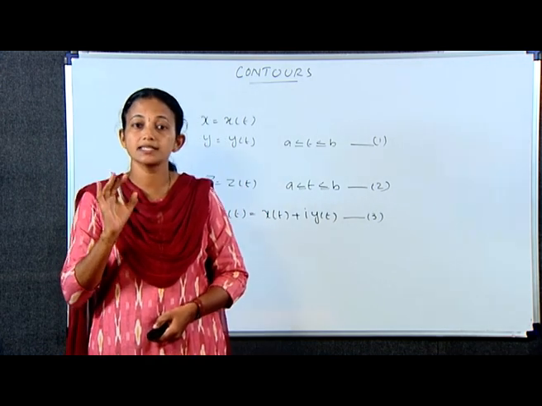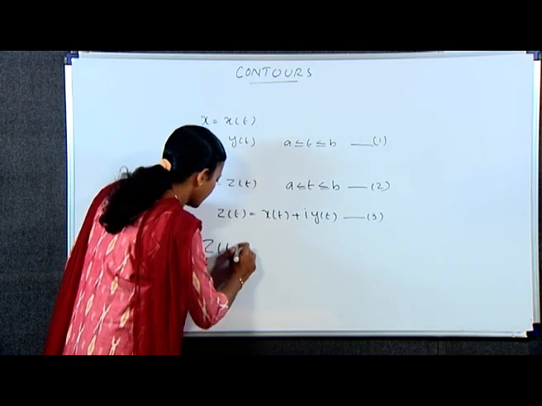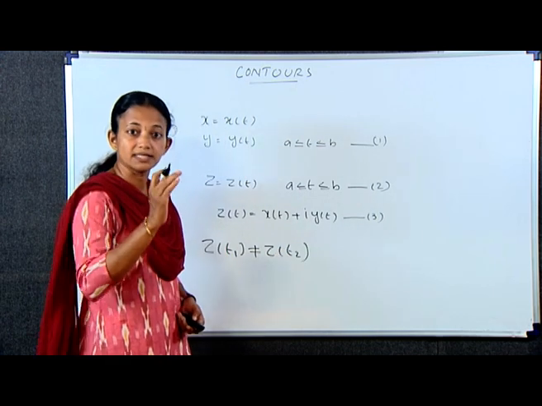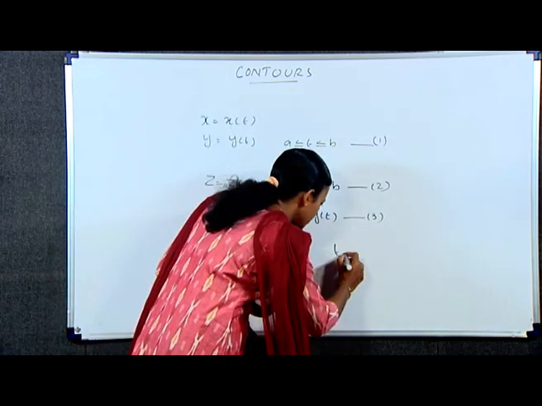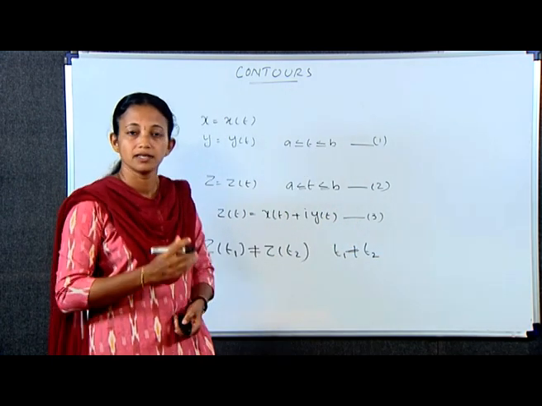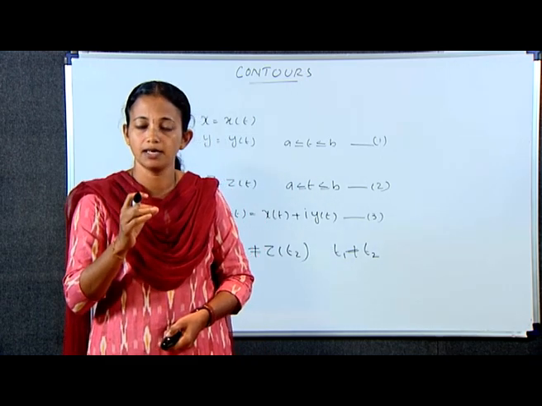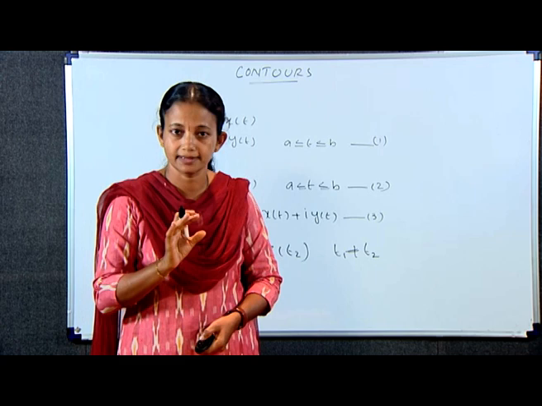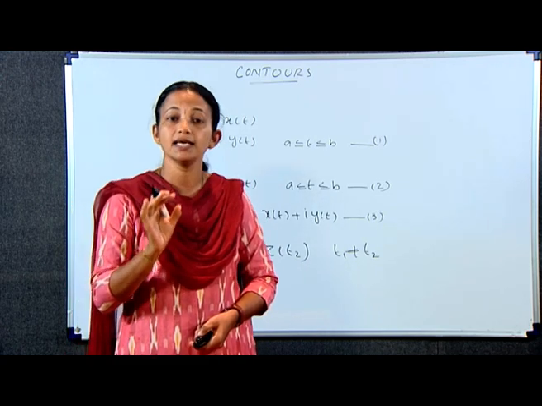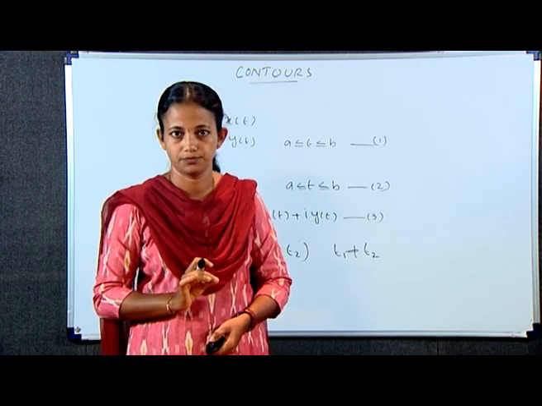That is, C is simple if z(t1) ≠ z(t2) when t1 ≠ t2. Next, when the arc C is simple except for the fact that z(b) = z(a), we say that C is a simple closed curve or a Jordan curve.